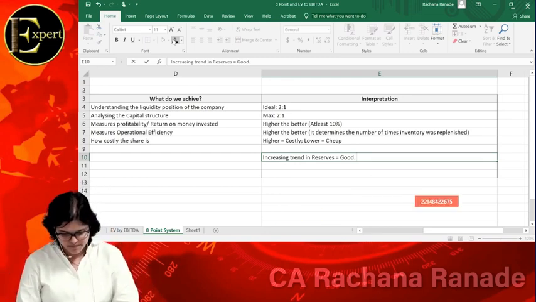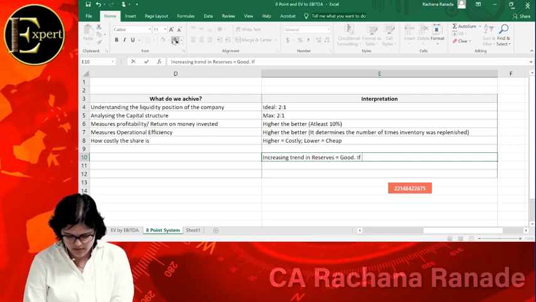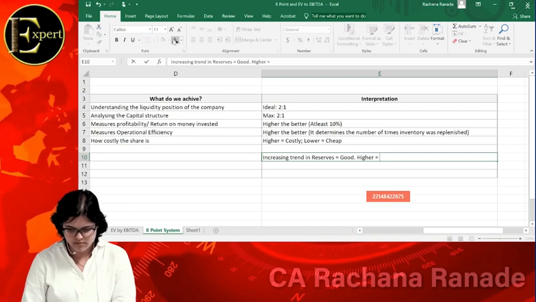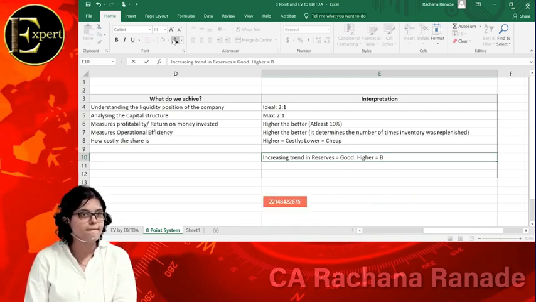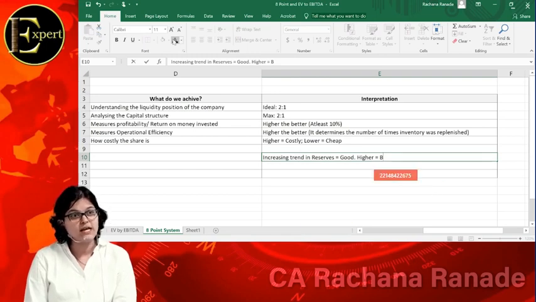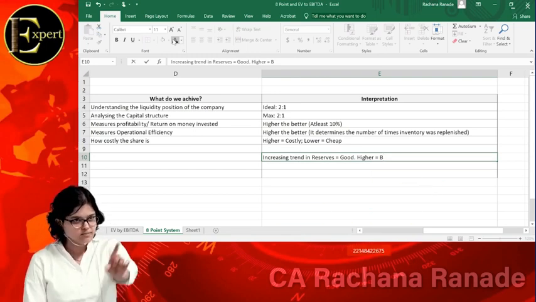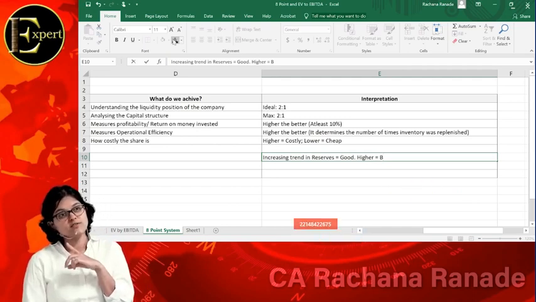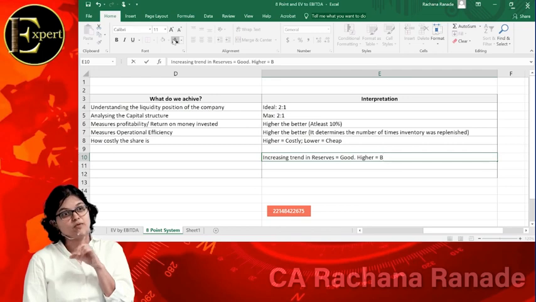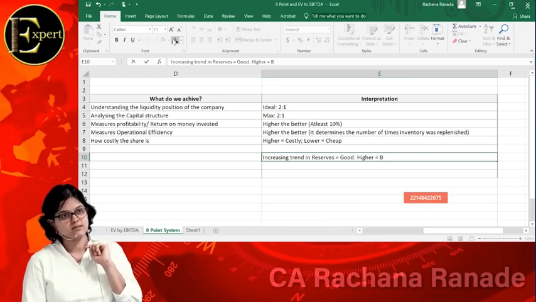Okay. So if the higher is equal to, sorry, no, in ROCE we are calculating only EBIT. Check the ROCE formula, it's only EBIT. And here what goes to reserves and surplus? Profit after tax.